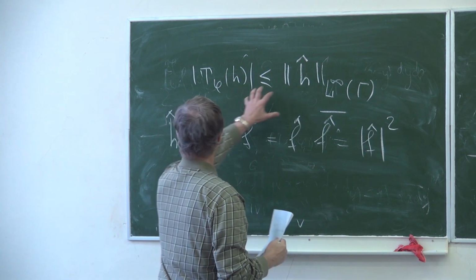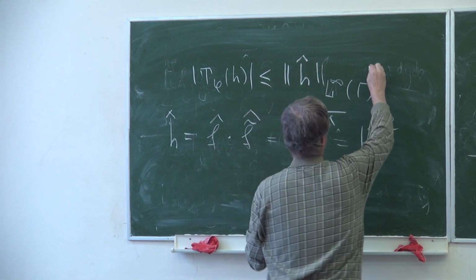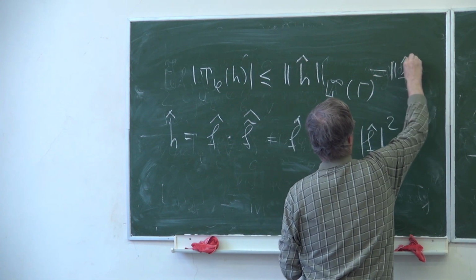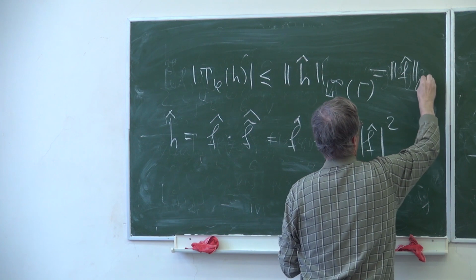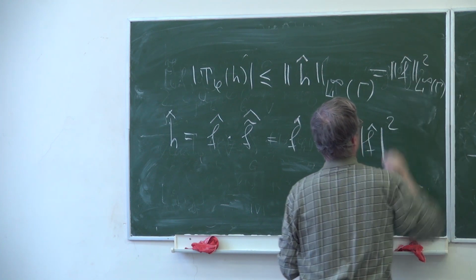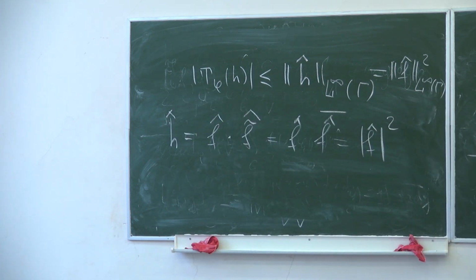And we have this inequality. Then we see that this is equal to the norm of f hat in L infinity of gamma squared. Okay? And this dominates this thing.